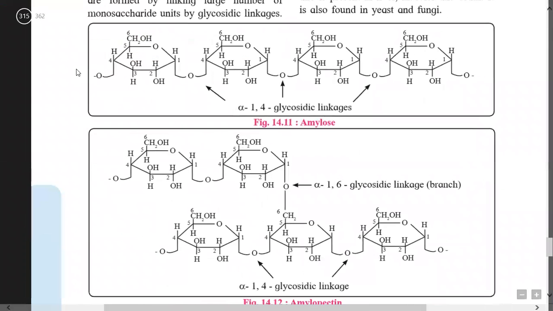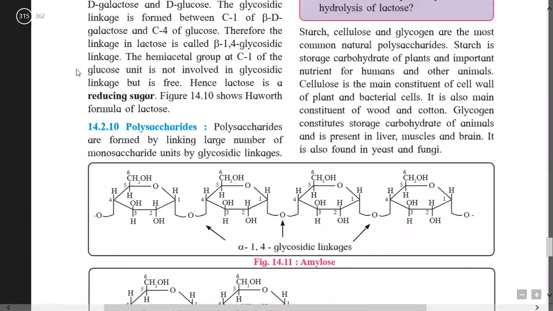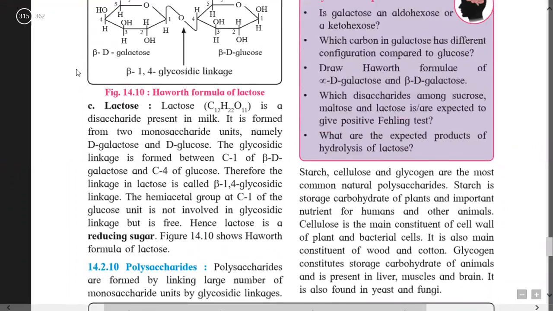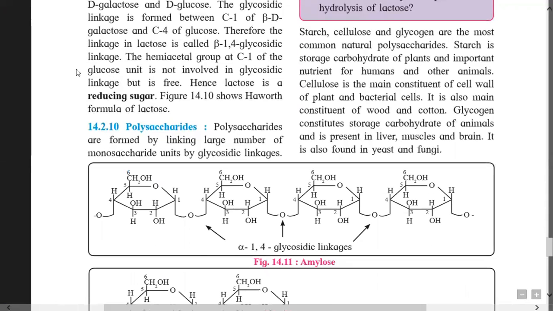These are called polysaccharides. The examples of polysaccharides given in our syllabus are starch, cellulose, and glycogen. These are the most common natural polysaccharides.